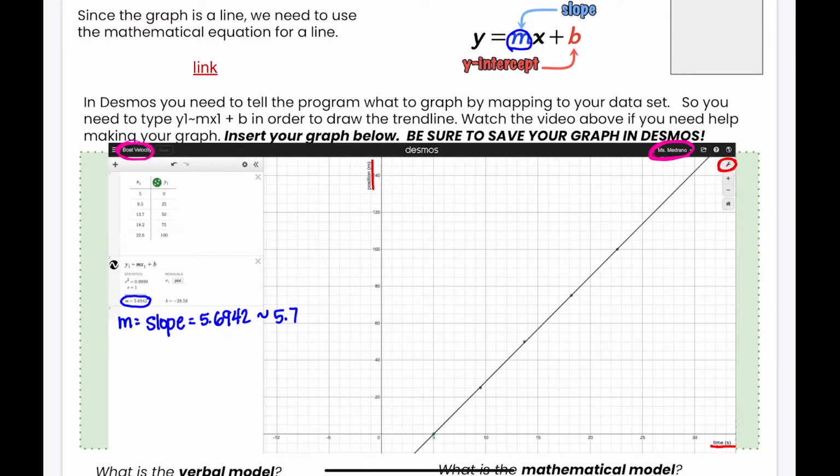Now my y-intercept, which is b, so b is our y-intercept, and can be found right here, is at negative 28.58, which I can round to negative 28.6. All right.